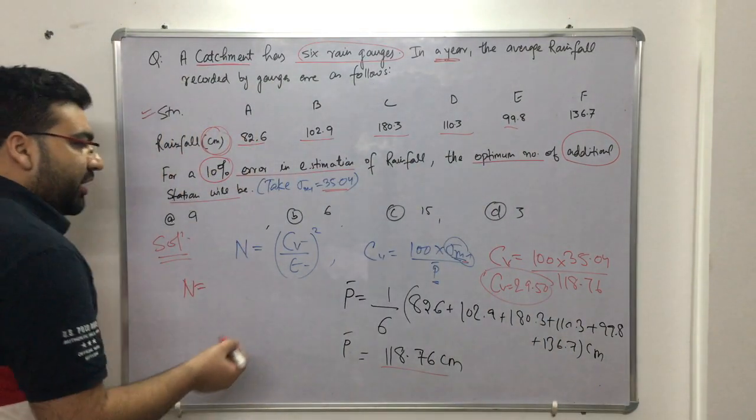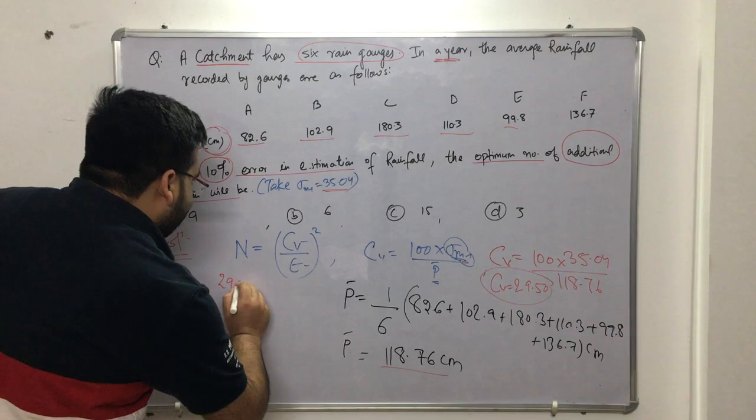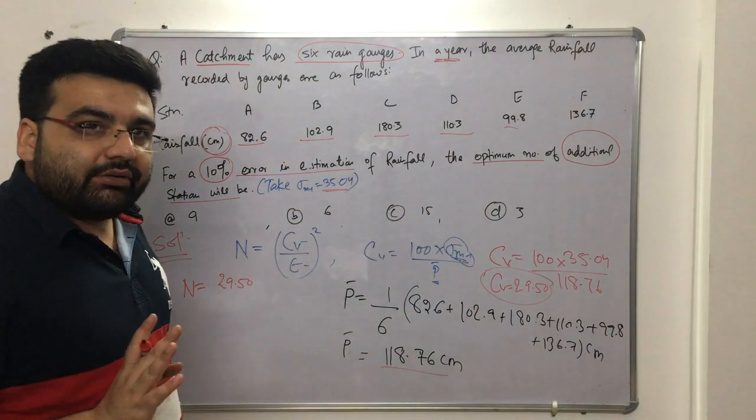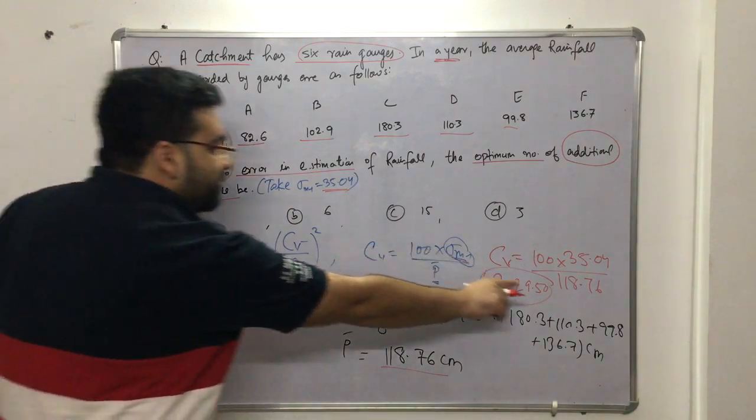So let's put it in the formula. The coefficient of variation 29.50 is in centimeter, and the standard deviation and mean are also in centimeter.